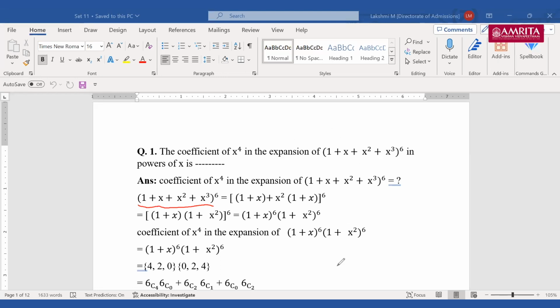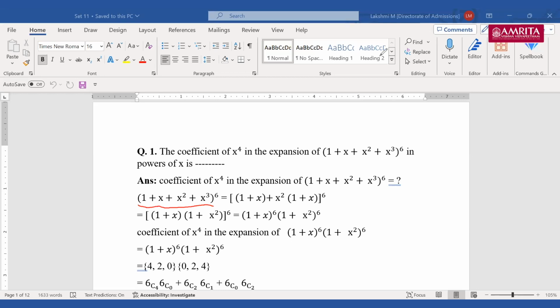In order to apply some formula that I've studied, or to make the expansion clear, I'm just going to take the x outside. So it will be 1 plus x, and this is 1 plus x. So I'll be able to write this as (1 plus x) raised to 6 into (1 plus x square) raised to 6. I hope it's clear: (1 plus x) whole raised to 6 and (1 plus x square) whole raised to 6.